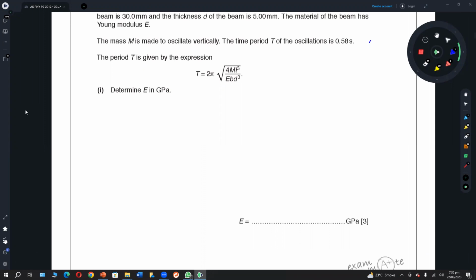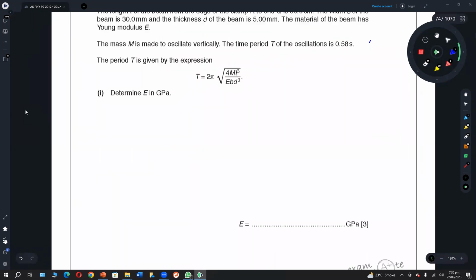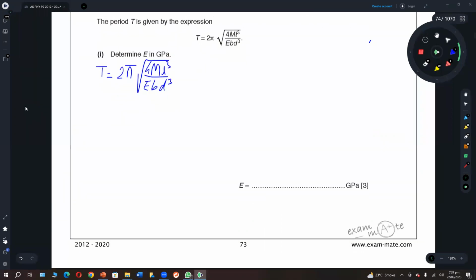Determine E in GPa. So I think they have given us some info. So what should I do? I should first try to make E the subject. Should I square on both sides for removing the square?